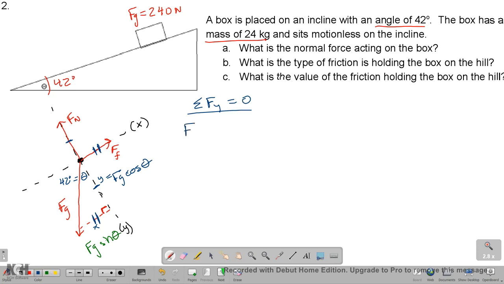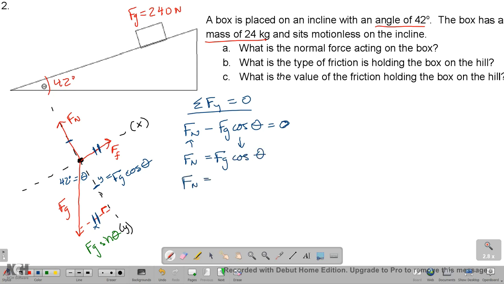So Fn, which is pointed up, minus Fg cosine theta, which is pointed straight down on the y-axis, is equal to 0. Fn is equal to Fg cosine theta.